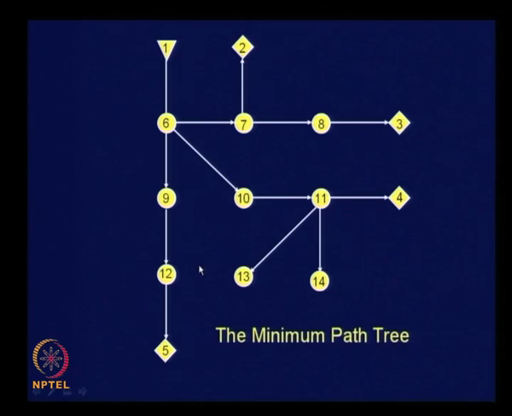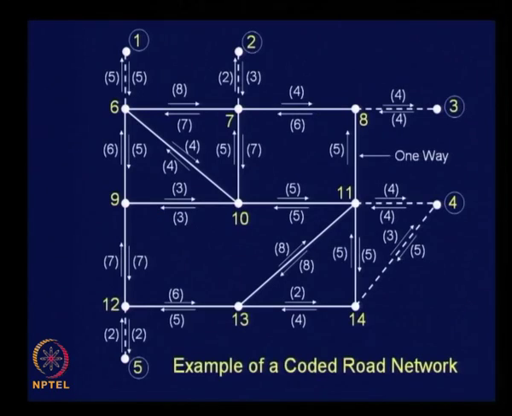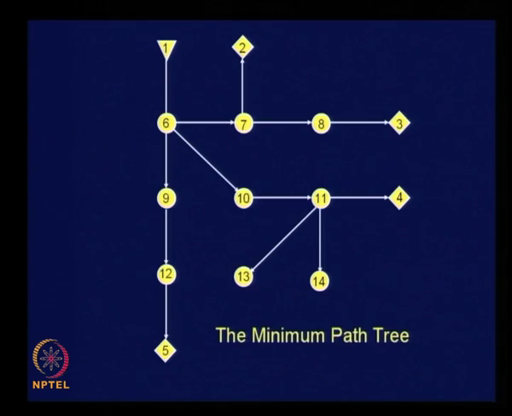We had 13 plus 6, 19 links in the original network. If you can just look at, we have 13 links in the road network and 6 dummy links, so totally 19 links, and 19 links have become just how many? 13.